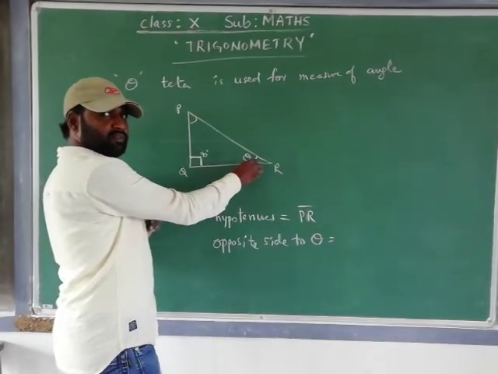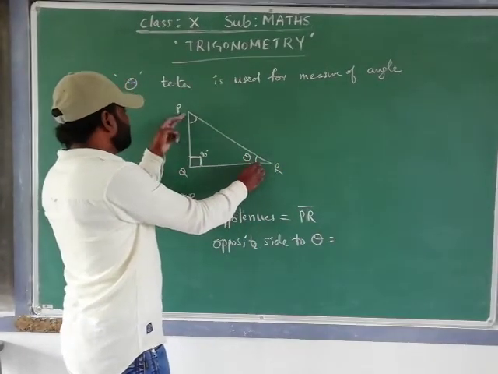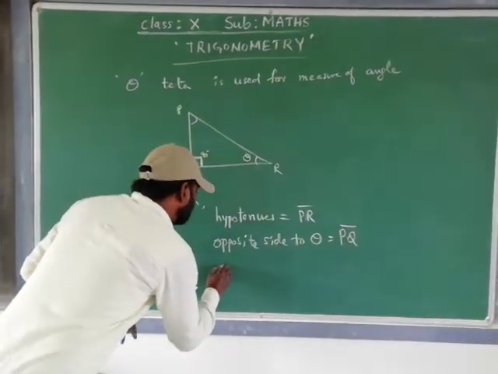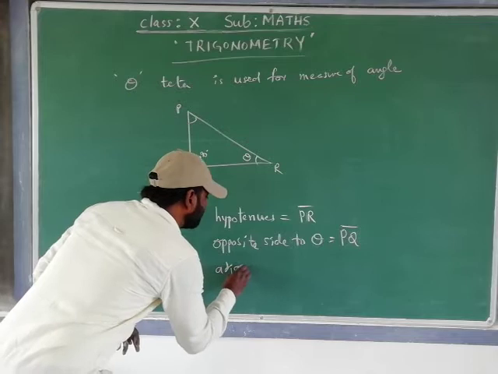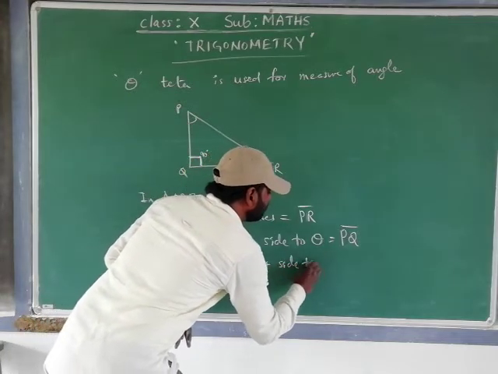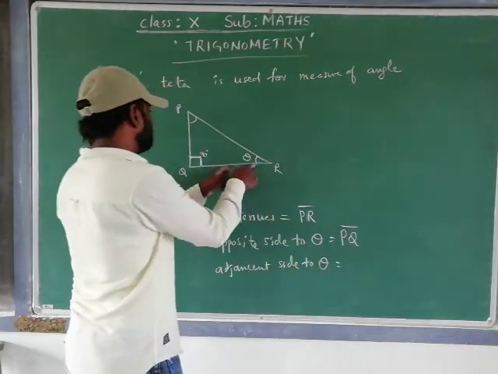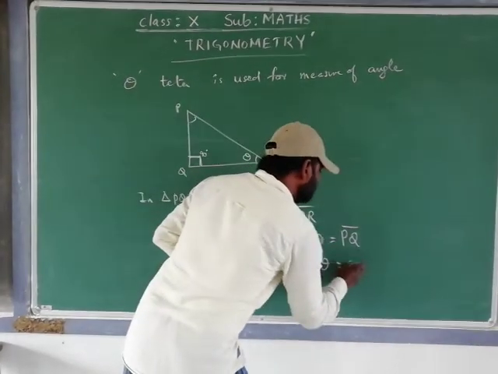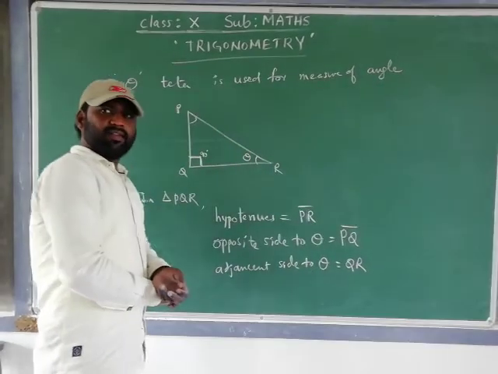Theta is here. The opposite one is what? PQ. Right. Adjacent side to theta. If theta is here, adjacent will become what? QR. Understand? QR. Okay? Clear?